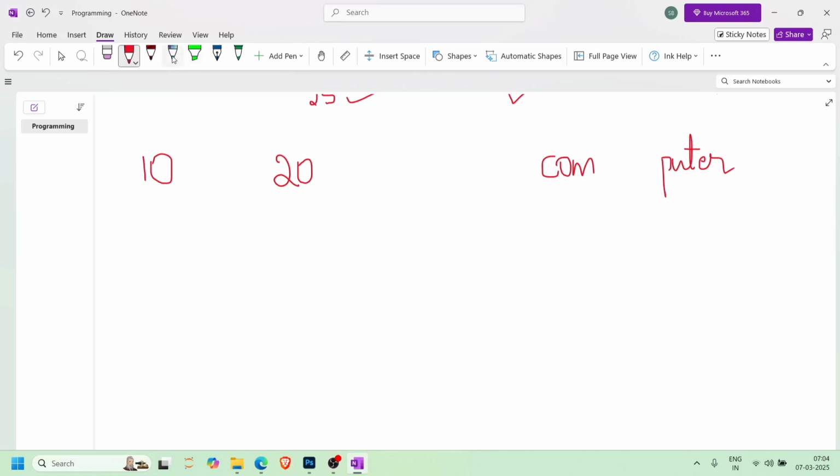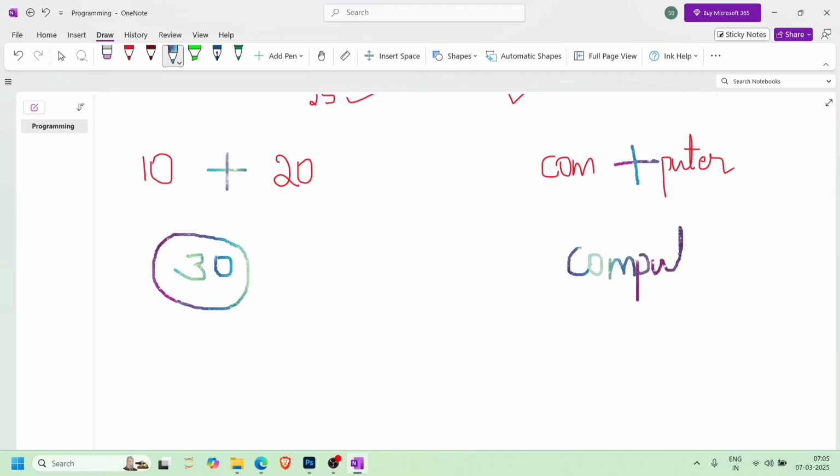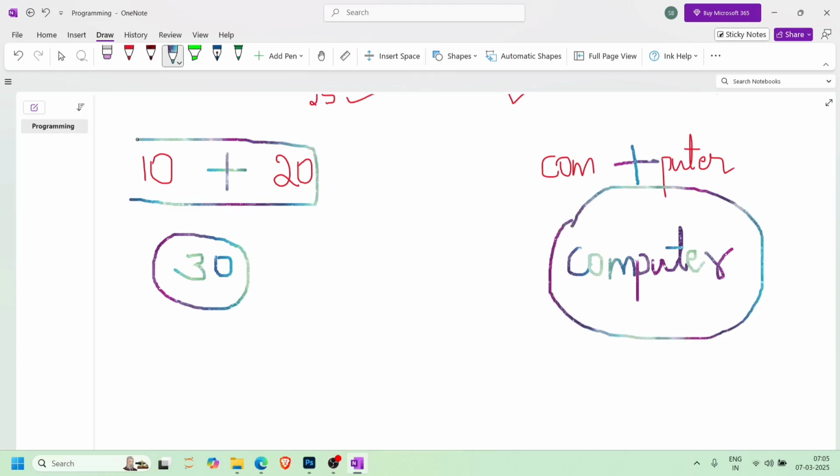If I use the plus operator in both cases, here it will give the result as 30, and here it will give the result as computer. See, the operator is the same, but depending on the situation it is changing its behavior.